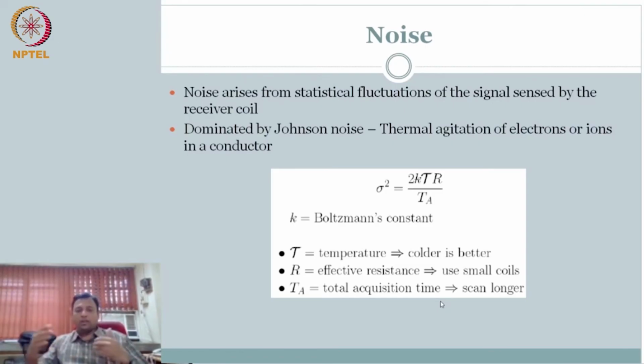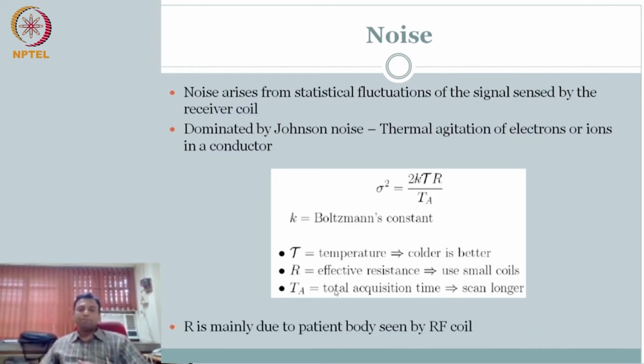So you don't want longer acquisition times. But what our noise says is, if you acquire longer, I will behave well, I will reduce myself. Now that's a trade-off, right? You can already see. R is mainly due to your patient body seen by the RF coil.